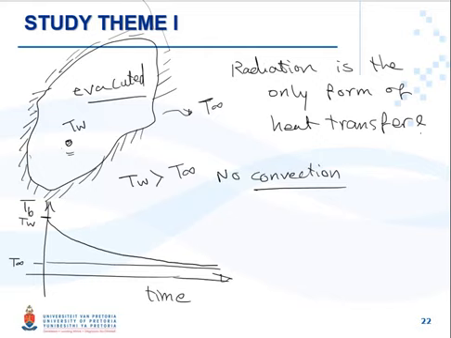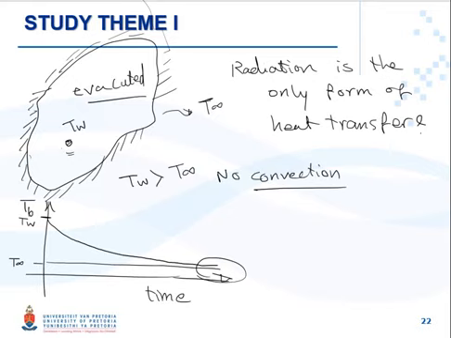Okay, now we can say that we have thermal equilibrium established inside the enclosure. Looks very simple, but what does it mean that we reached thermal equilibrium? It means that the black body absorbed the same amount of radiation that is emitted.